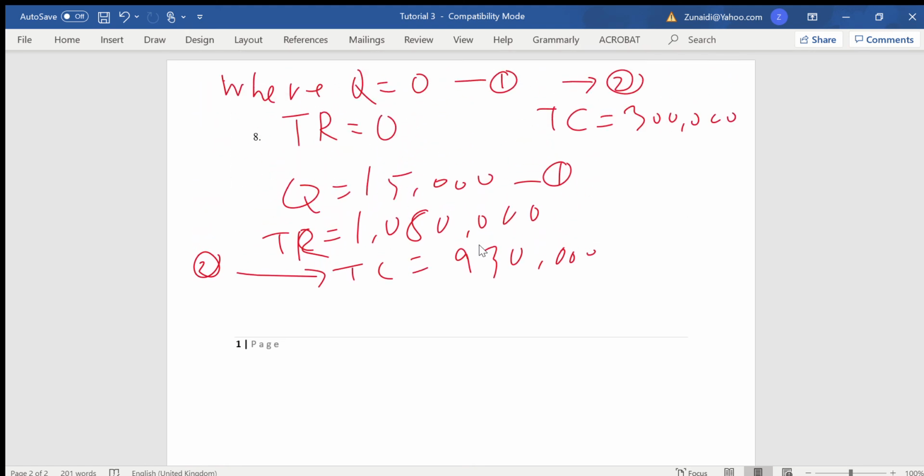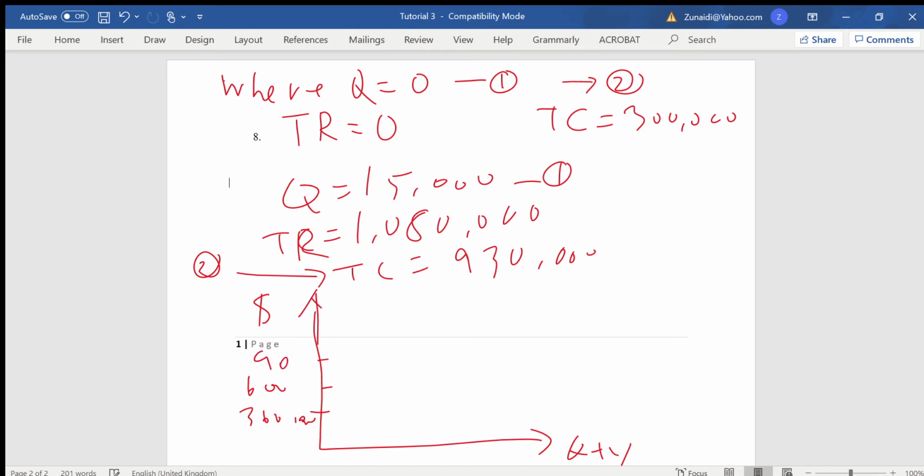Here we can plot the graph. This is a graph of quantity versus revenue or profit. On the vertical axis we put the values, for example 600, 900, 1 million.